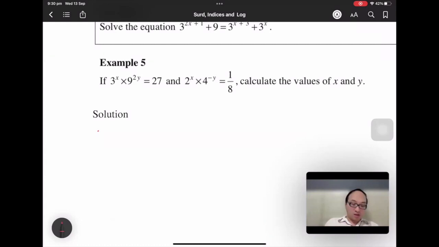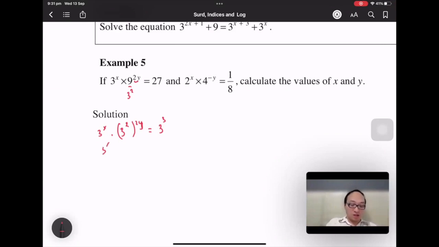So 3 to the power of x times 9 to the power of 2y can be expressed using 3 to the power of 2. So 9 is 3 to the power of 2, we change the 9 to the power of 2y. This is still the same, so I only change the 9. 9 is 3 squared, and 27 is 3 to the power of 3.